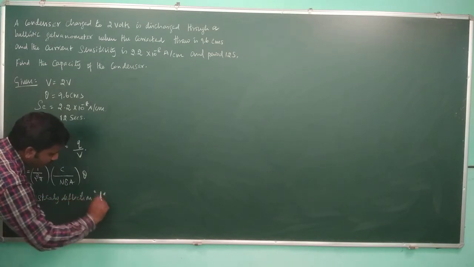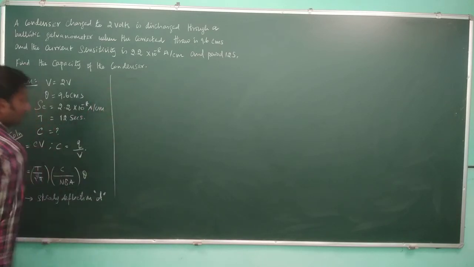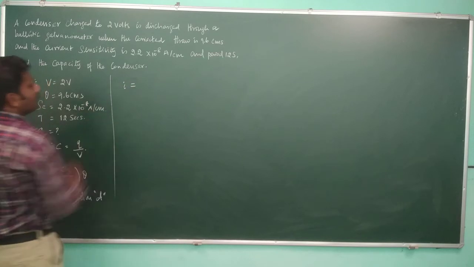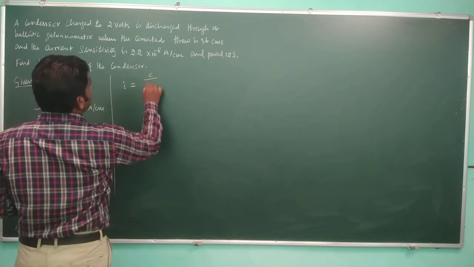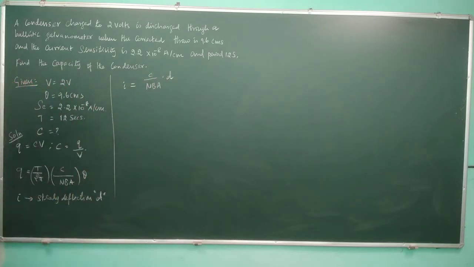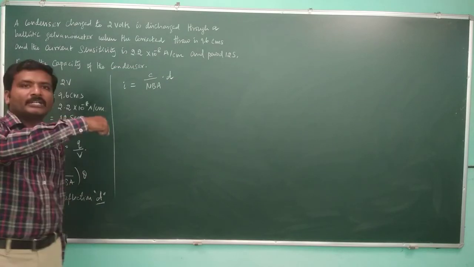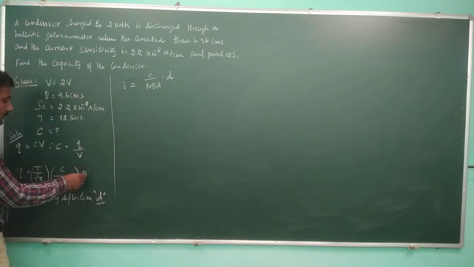If there is a steady state current I that flows in the galvanometer, that will produce a steady deflection, that is D. For that we can write the expression for I using the moving coil galvanometer, that is nothing but C by NBA multiplied by D, where D is the steady deflection. Actually, in that derivation we denoted that also as theta, but in order to differentiate it from the throw, this D is the steady deflection.